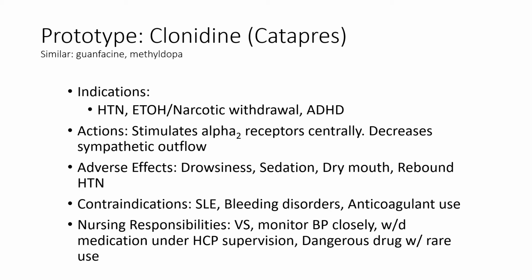And we spoke about that as kind of being the internal brake. So when stimulated, it decreases sympathetic outflow, which years ago it was felt, well, that's a way of dropping blood pressure, right? So you decrease the sympathetic outflow, and that's going to drop blood pressure because you have less norepinephrine vasoconstricting the blood vessels.